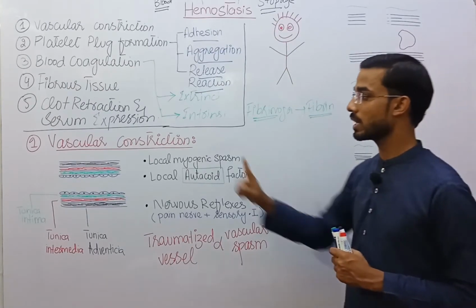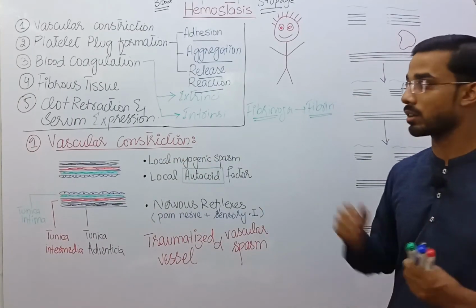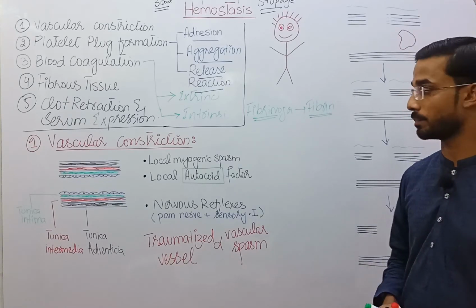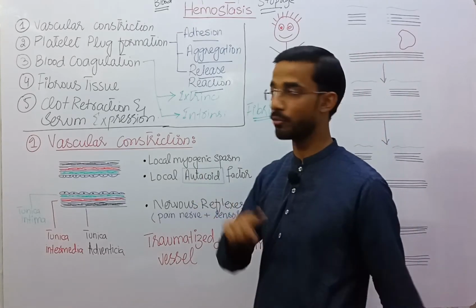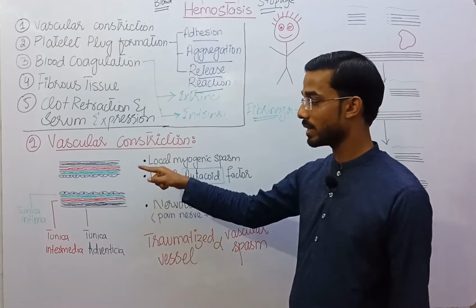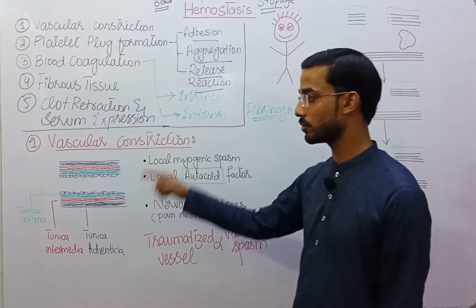First, we will discuss vascular constriction. How does vascular constriction occur and what is its purpose? Before we discuss vascular constriction, first we see the basic structure of blood vessels. Blood vessels have 3 layers.